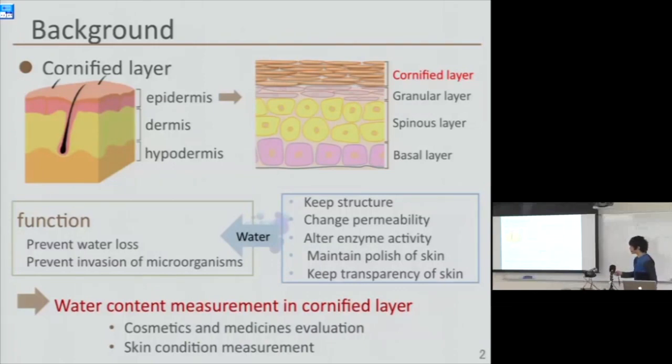For example, polish of skin or transparency of skin is important when making cosmetics, and the permeability of skin is also important in making medicines. And by measuring water content in the cornified layer, we can assess skin condition, for example, atopic dermatitis or burned skin.